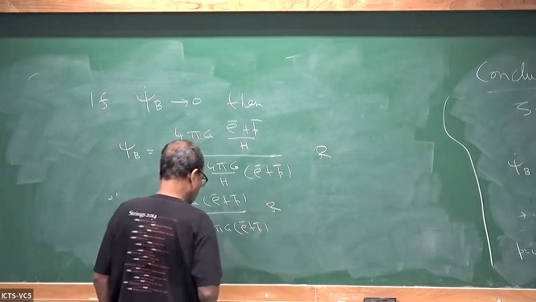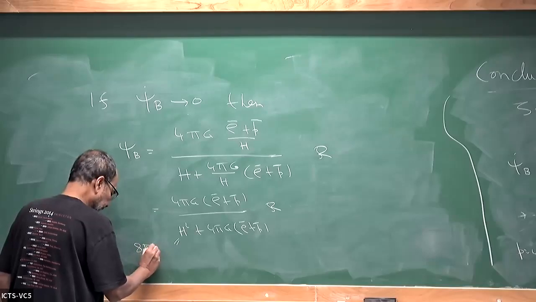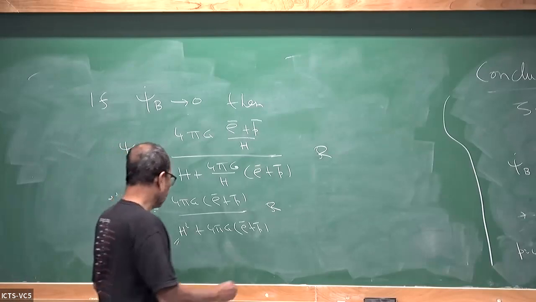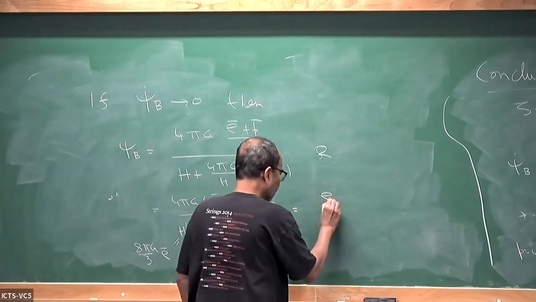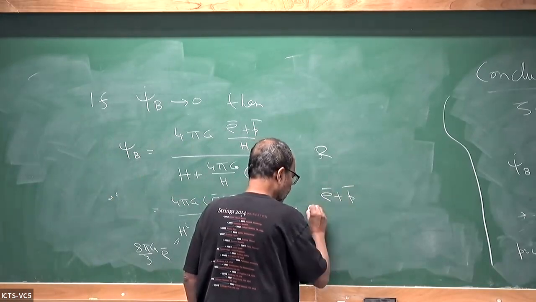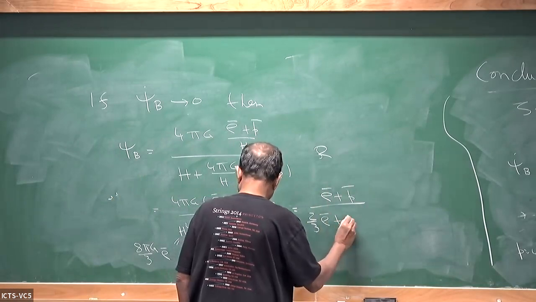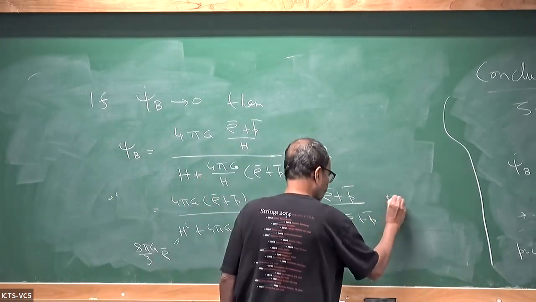R of course is constant. Now we use the fact that h squared is 8 pi g over 3 times rho bar. So the 4 pi g basically cancels, giving rho bar plus p bar over 2/3 rho bar plus rho bar plus p bar, times r.